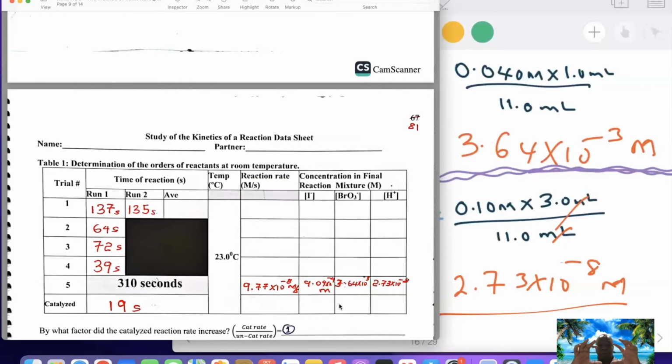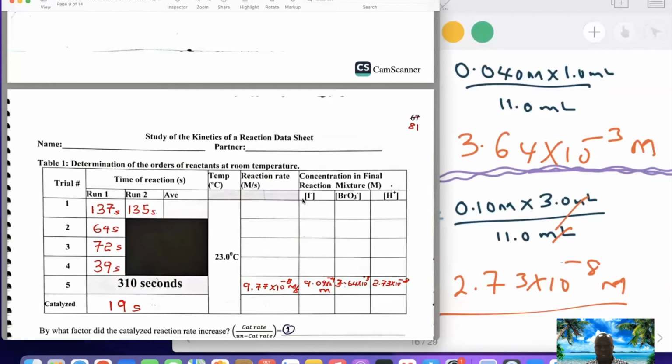Once you complete this table, you will now have all the information to find the reaction order with respect to each species: with respect to iodide, with respect to bromide, with respect to hydrogen ion. And remember, just the way we did before, if we want to find the reaction order with respect to iodide, we'll have to pick 2 experiments where the concentrations of the other two are constant while this one is changing.